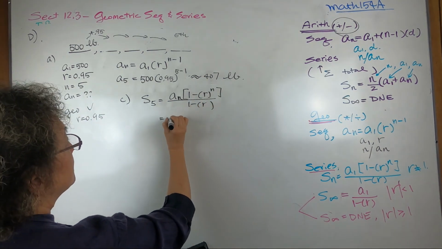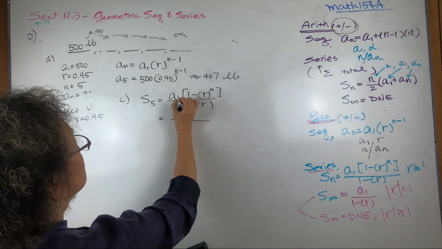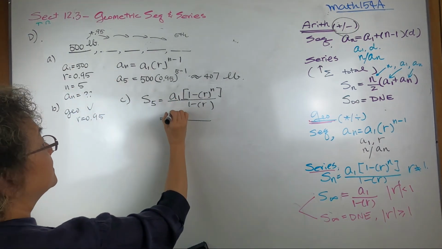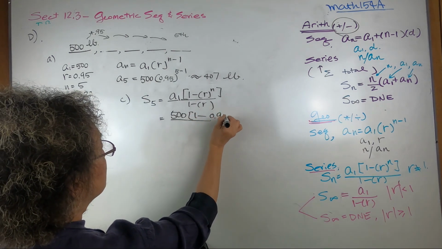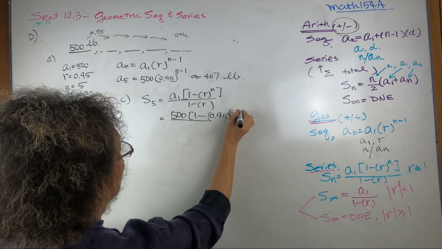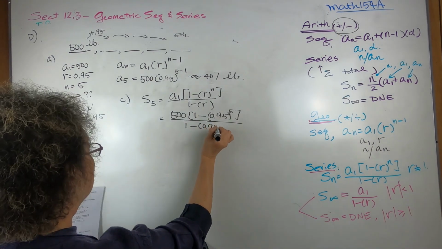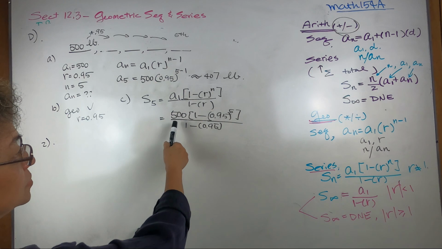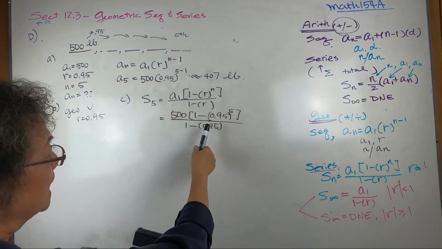So a1 is 500, 1 minus 0.95 to the 5th power, over 1 minus 0.95. So you will use all the decimals to calculate.